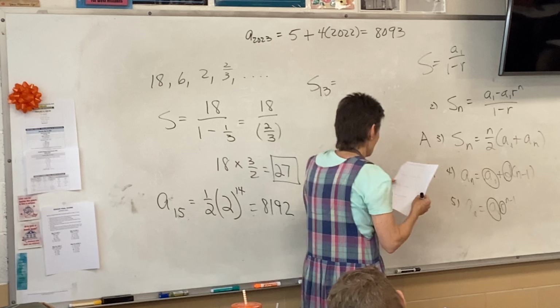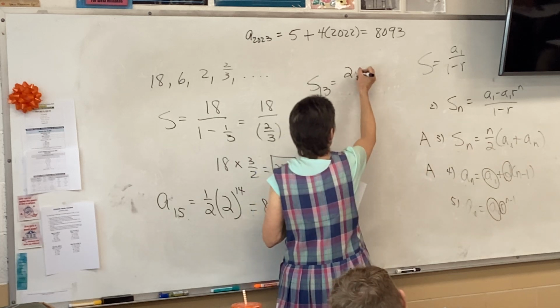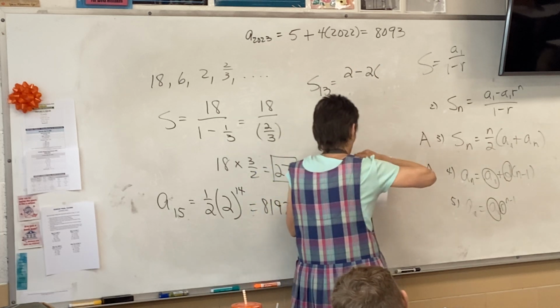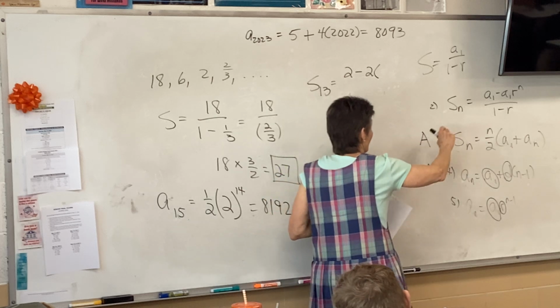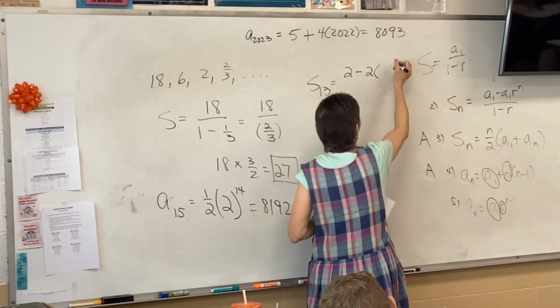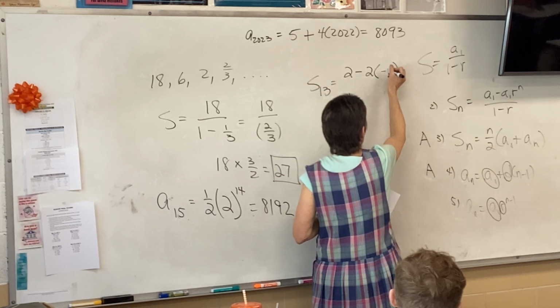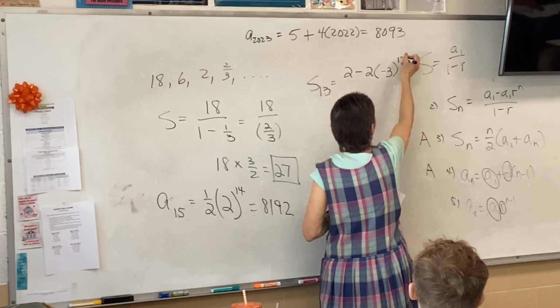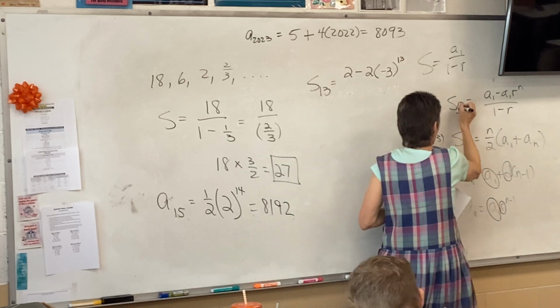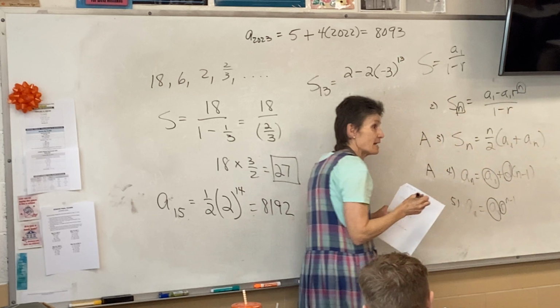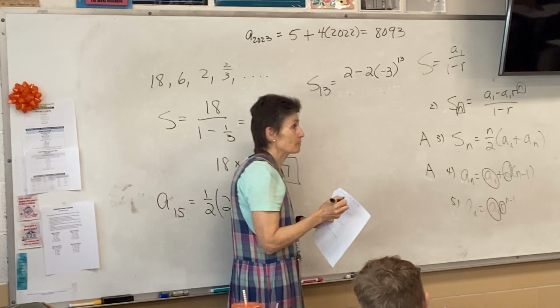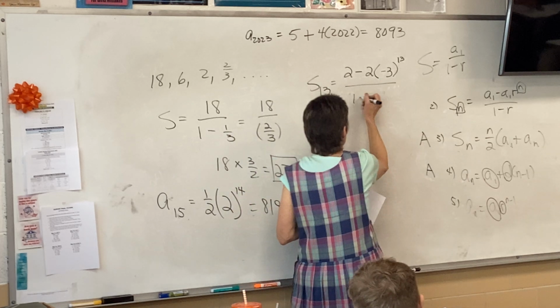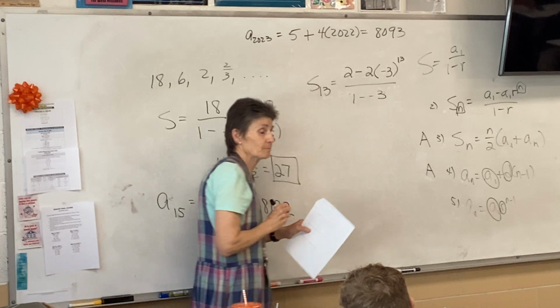What do I need to know? I need to know my first term, and then I need to know my ratio. What is my ratio? Negative 3 to the 13th, because that n and that n are the same, over 1 minus negative 3.